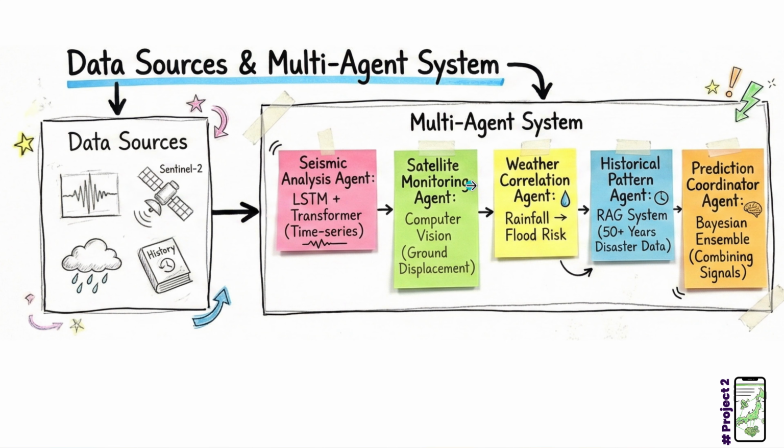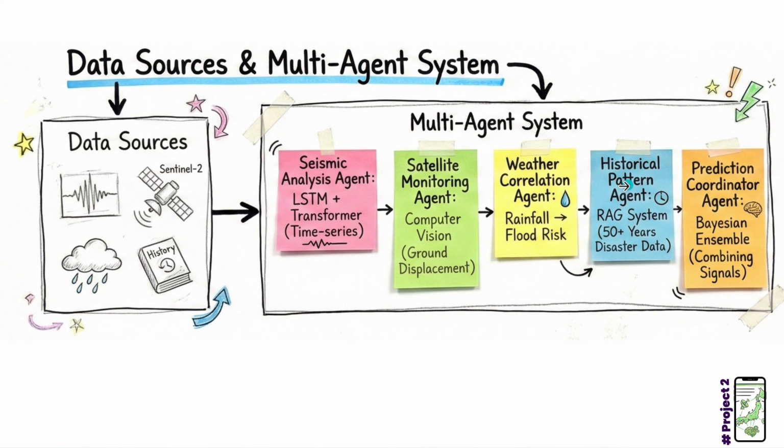So it's a multi-agent system. The second agent is looking at the satellite, monitoring it, and asking: are there ground displacements? The next one is a weather correlation agent, so we know how much rainfall and flood are correlated. That's another signal that we can get.